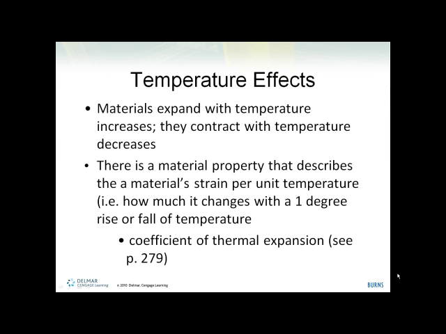Inches per inch per degree Fahrenheit. What that value is, even though it's a very small number, is the strain that's caused by a temperature change of 1 degree. So 0.0000065 inches per every inch per every degree temperature rise or fall.